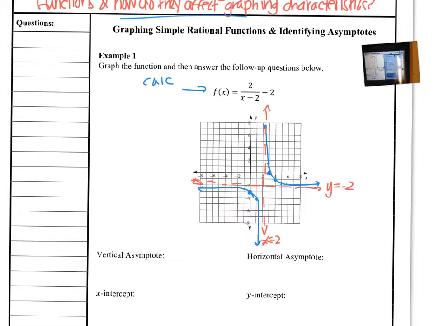So when I look at this graph and compare it back to the equation, I want to find out why those spots exist at y equals negative 2 and at x equals 2. So when I look at the equation, I see this, I'm still on the highlighter, I see this minus 2 off to the side. That minus 2 tells us about the vertical shift.